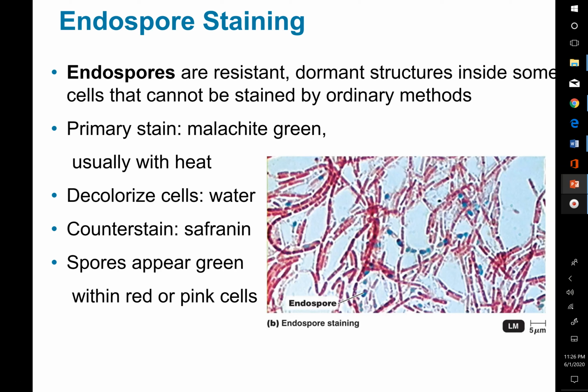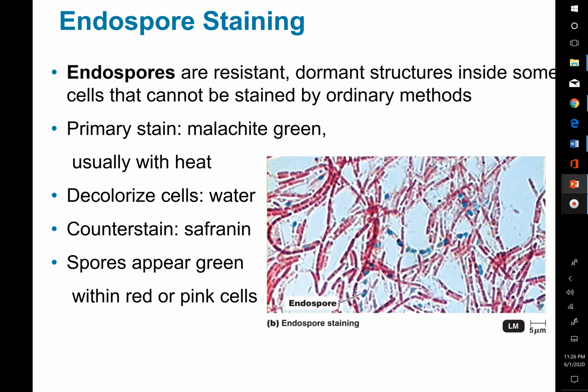And these endospores do play a major role in the transmission of those infections, because these endospores are very, very resistant, and they can persist in the environment, and then they can get into somebody's body and lead to an infection. So we want to be able to see these endospores, but they're very resistant and they don't naturally take up stain.